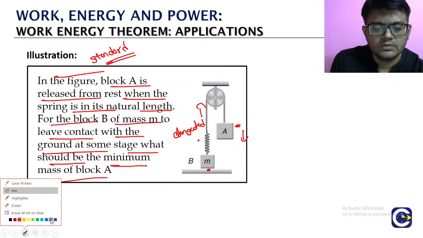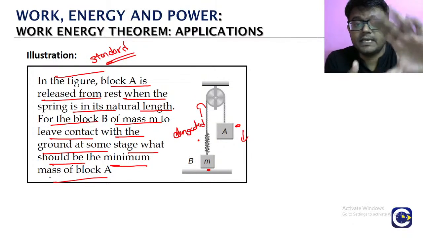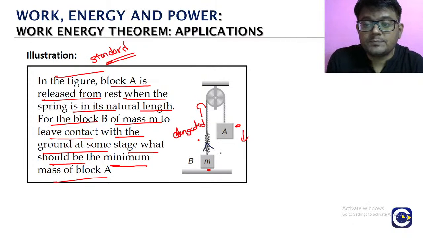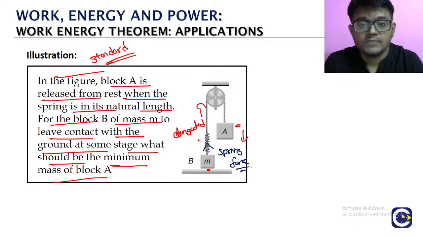Because as the spring is getting elongated, the spring will start exerting a spring force on the block B. The spring force will be upwards.